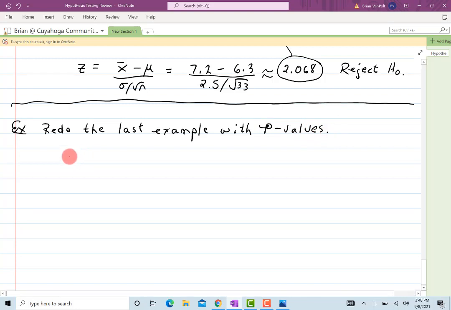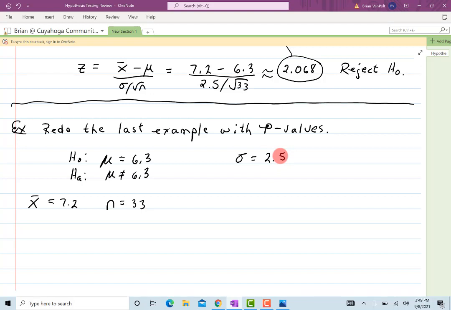Our H sub 0 was that mu was going to equal 6.3. Our H sub a was that mu does not equal 6.3. And then we had a sample stat that was equal to 7.2. The number of people in the sample was 33, and the sigma, the known population parameter, was 2.5.